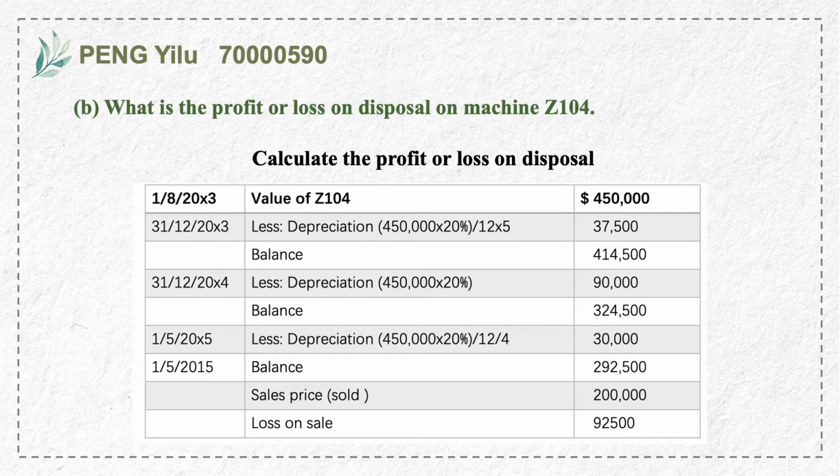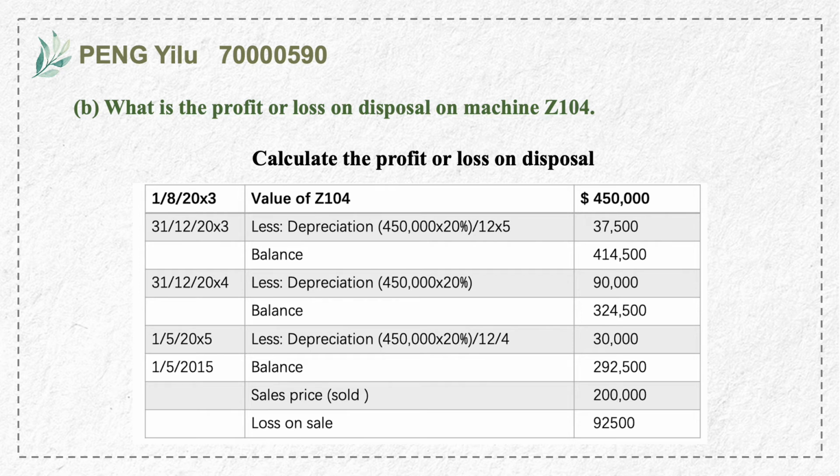This is question B. What is the profit or loss on disposal on machine Z104? We should calculate the profit or loss on disposal. First, we write down the 1st August 2000 X3. We bought a machine worth 450,000. Then we should minus the depreciation on 31st December 2000 X3.